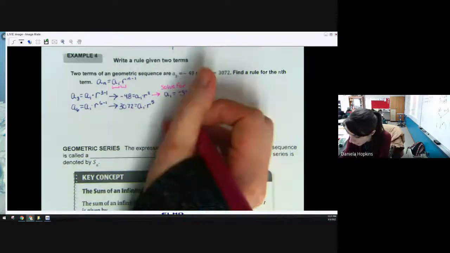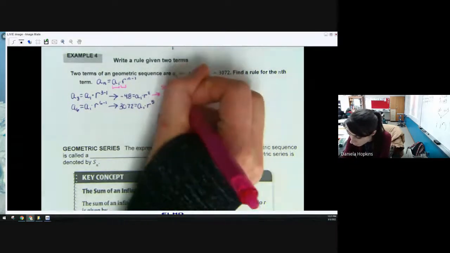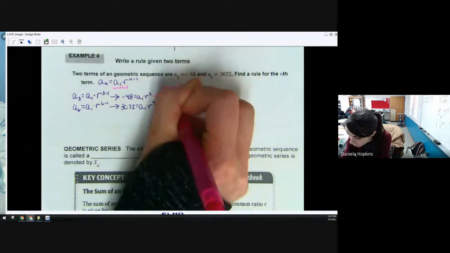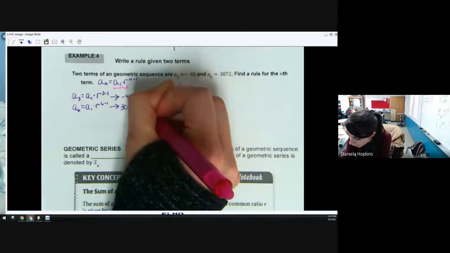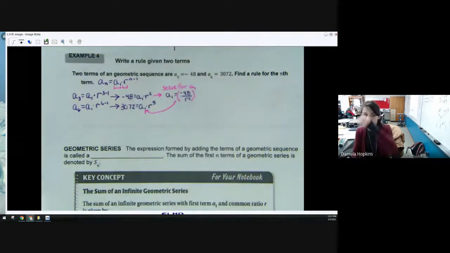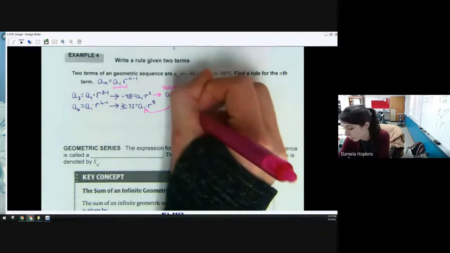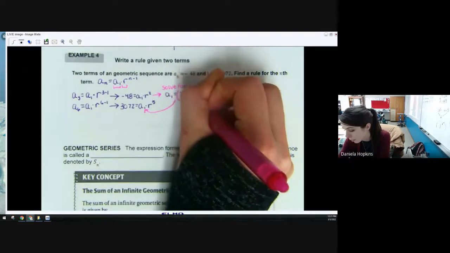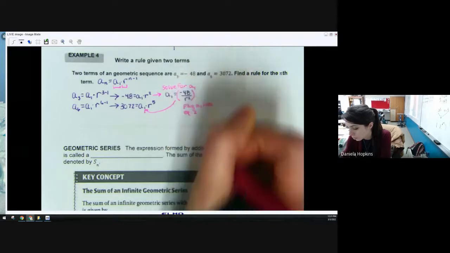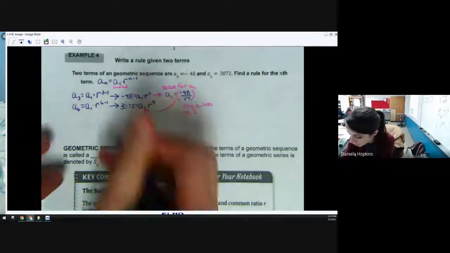Once I have that, I have a1 equals this whole thing. I'm going to take this whole thing and plug it into the a1 in my equation 2. Plug a1 into equation 2.